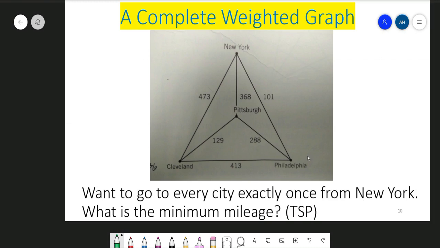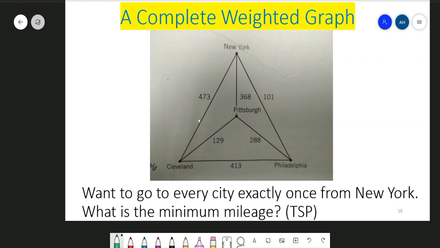Now suppose that the headquarters is in New York, for example. The question is how to go from New York to every city exactly once with the minimum mileage. Which way should you go?